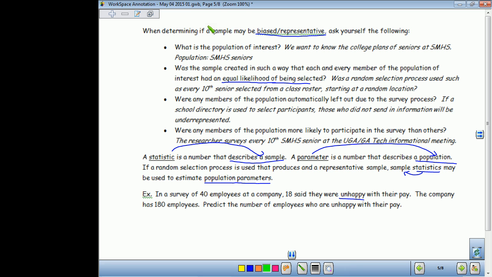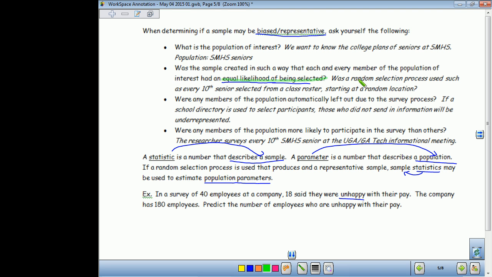All right. When determining if a sample may be biased or representative, ask yourself the following questions. What is the population of interest? So, if we want to know the college plans of seniors at Stars Mill, our population should be seniors at Stars Mill. Was the sample created in such a way that every member of the population had an equal likelihood of being selected?